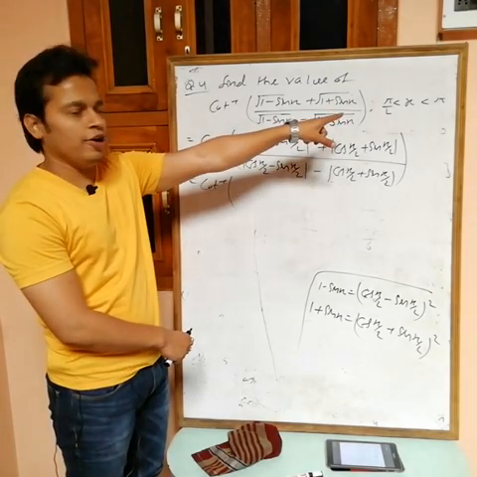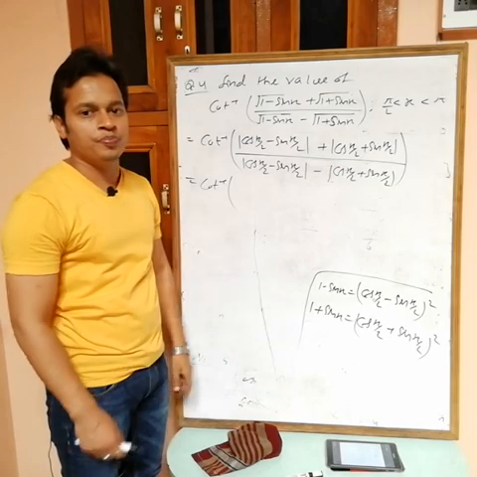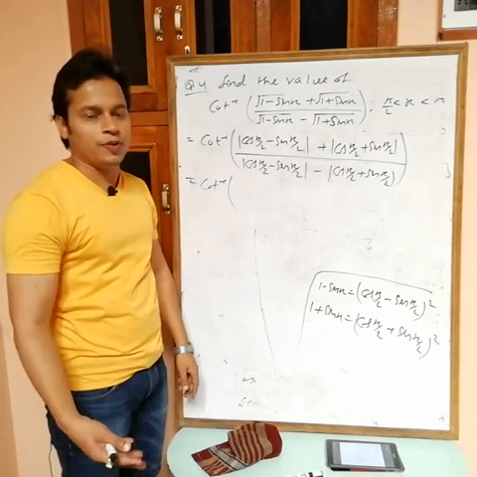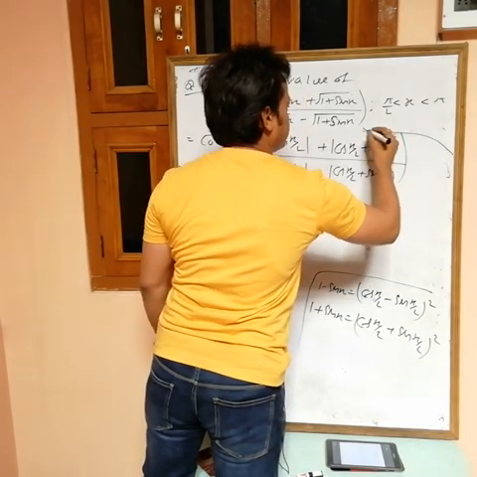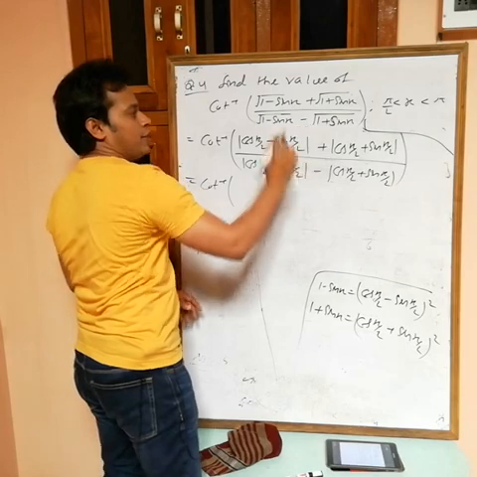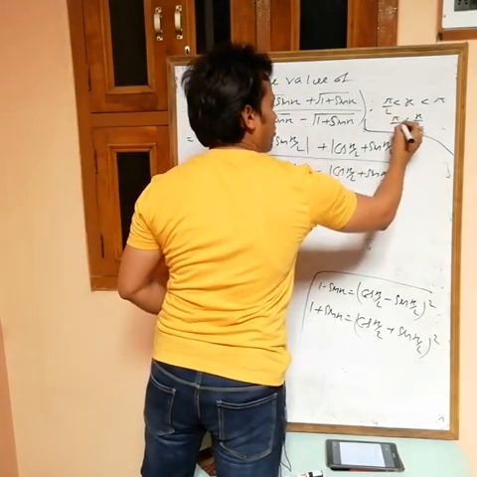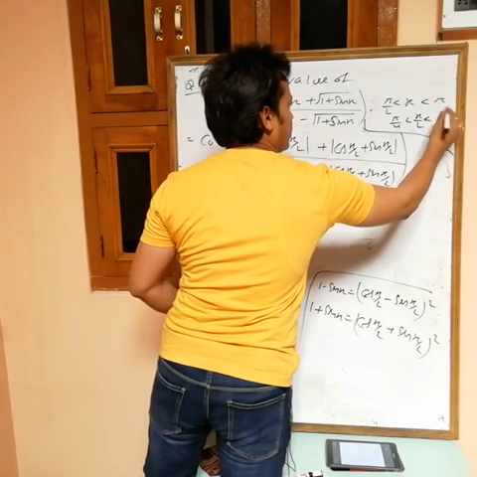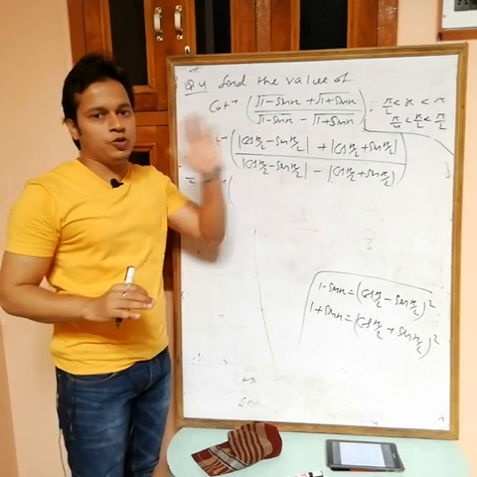It is given that x is from pi by 2 to pi, so divide by 2: x by 2 is from pi by 4 to pi by 2.